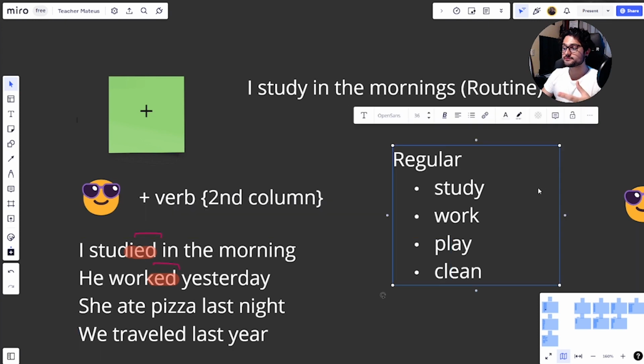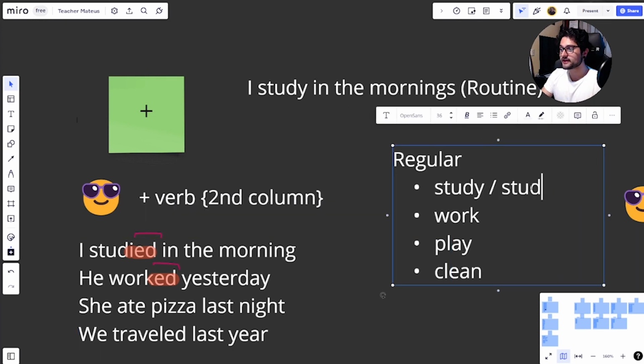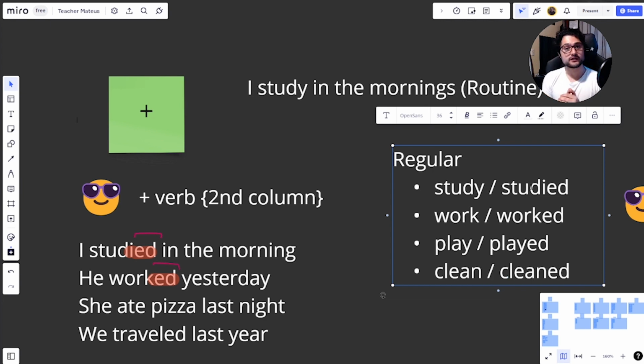And when I take these verbs and put them in the past, I have studied, for example. So when I say I study, I normally study. I study English. I study Italian. I study languages. I study mathematics. And then you can complete this with the topic that you study. Work, worked. Play, played. Clean, cleaned. And then you see in the regular verbs, we have these ED possibilities, okay? Just for you to get to know these and start to get familiar with them.